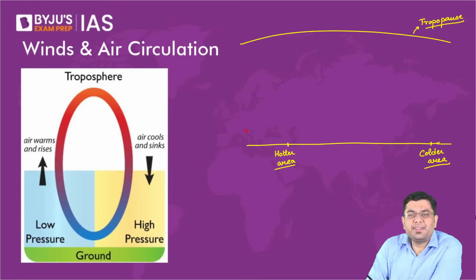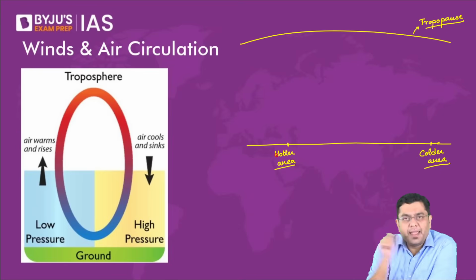Now, first of all, let us consider the hotter region. In the hotter area, once the ground gets heated up, the air above the ground will also get heated up. When the air above the ground gets heated up, the particles in the air will gain energy. They will start vibrating. Many of them will start escaping. So, any parcel of air that we consider will become lighter.